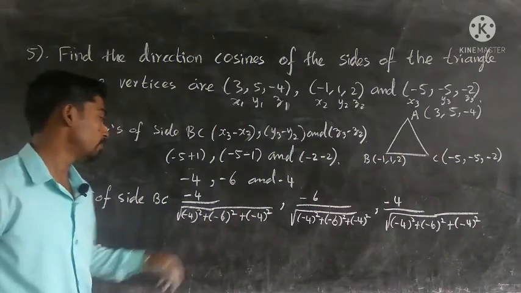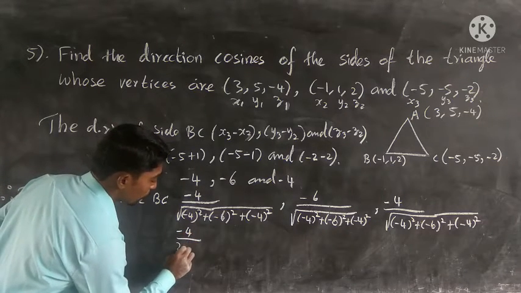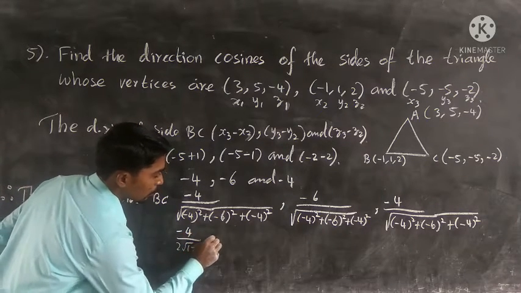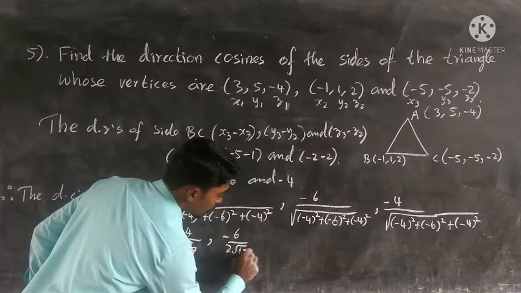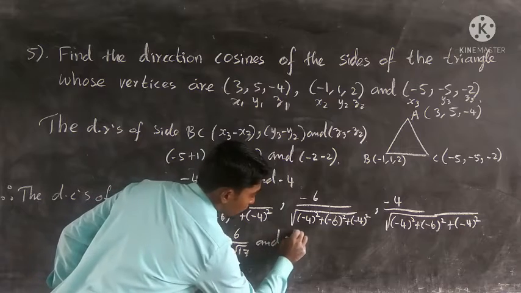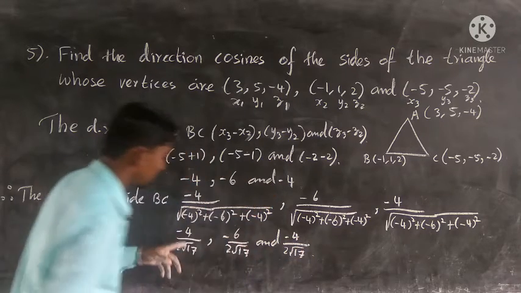If you simplify this, you will get -4 by 2 root 17, -6 divided by 2 root 17 and -4 divided by 2 root 17. Again we can simplify it.